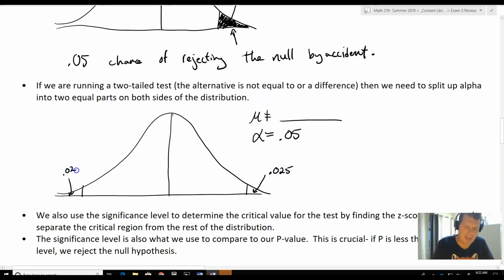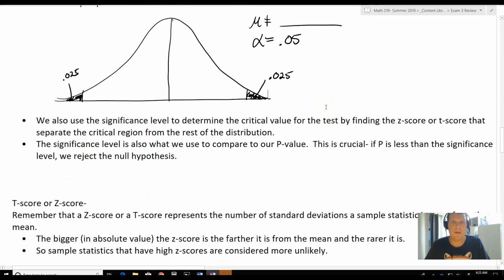We're actually going to split it in half. So the probability of rejecting when we shouldn't is going to be exactly the same, but we're going to have to account for both sides. So in essence, what happens when we have a two-tailed test is it's going to be harder to reject the null hypothesis.